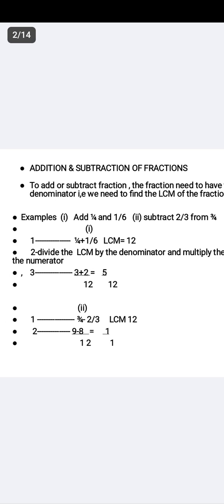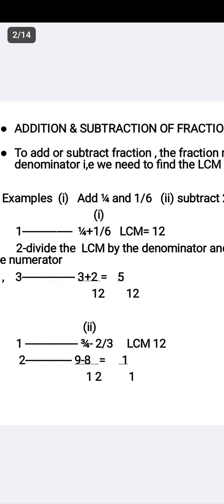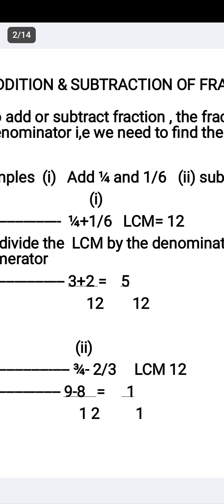The first step is to find the LCM of 4 and 6, and the LCM of 4 and 6 is 12. We write down the 12 and divide the LCM by the denominator, then multiply our result with the numerator.